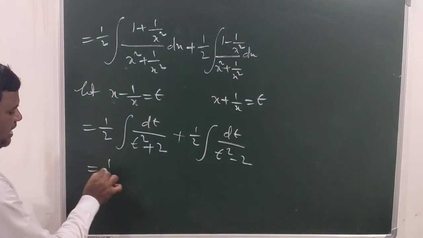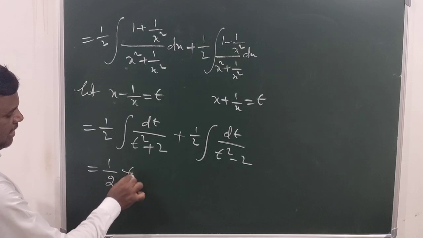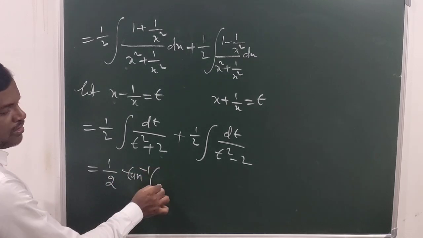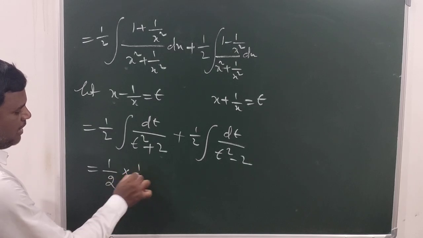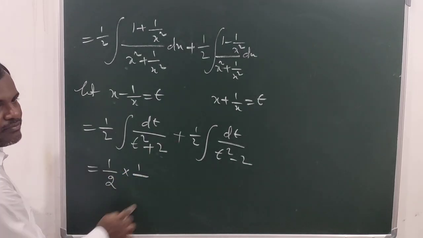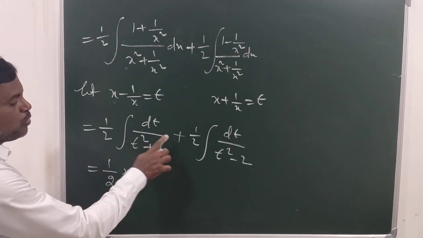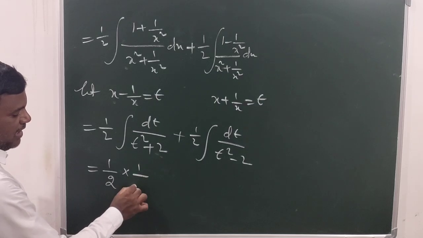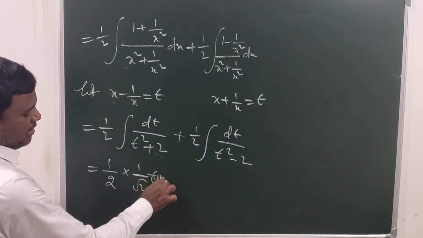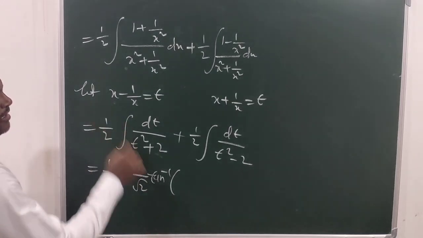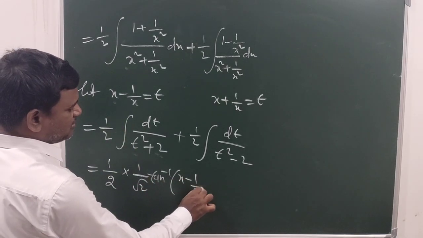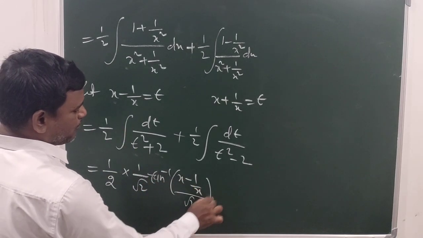So if you integrate it, you get tan inverse of x by a, 1 by a. So here a becomes root 2 whole square. How you have to write this? Root 2 whole square. So 1 by a value root 2, tan inverse of x by a, t by a. What is t here? x minus 1 by x by root 2.